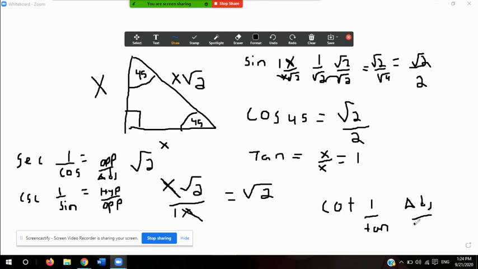And adjacent over opposite, in this case, well, I have x over x, which equals 1. So the cotangent is also 1.